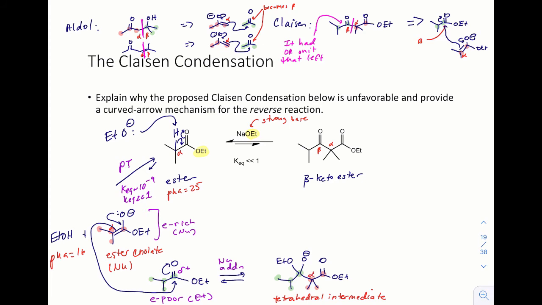Here's the alpha carbon, and this is going to become the beta ketone. So now, because the ester does have a leaving group, here it is. The ester that was attacked is going to expel that leaving group. So collapse, reform the strong C=O double bond in a nucleophile elimination step, and expel ethoxide.